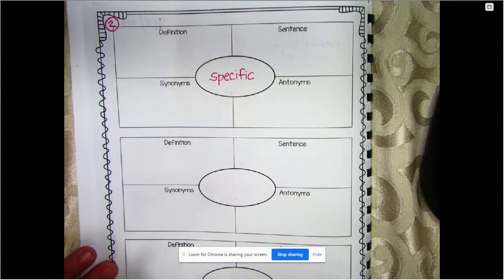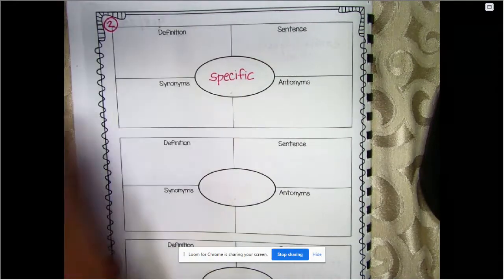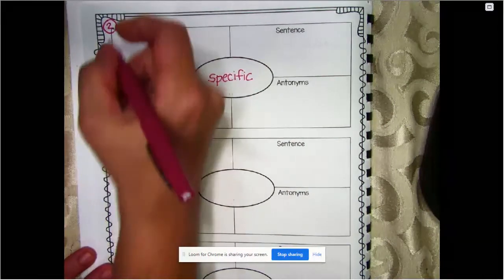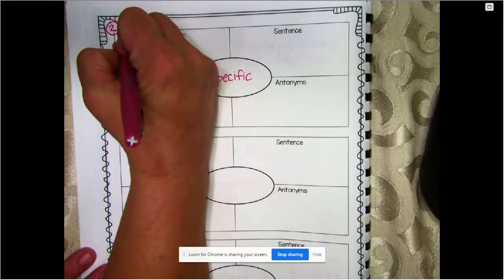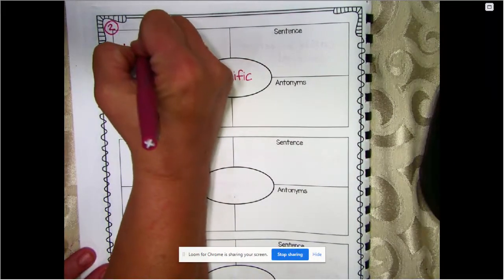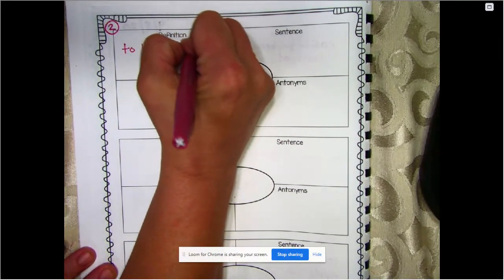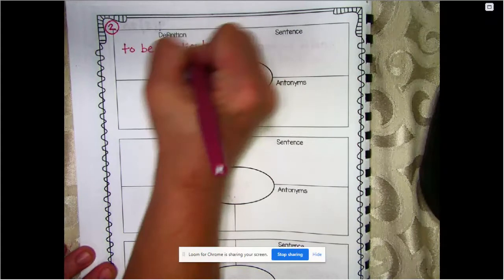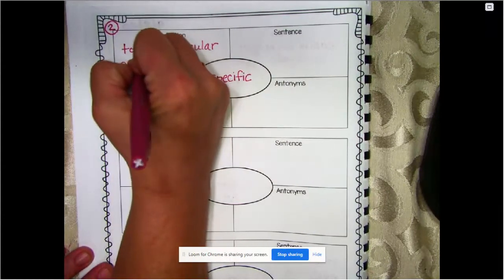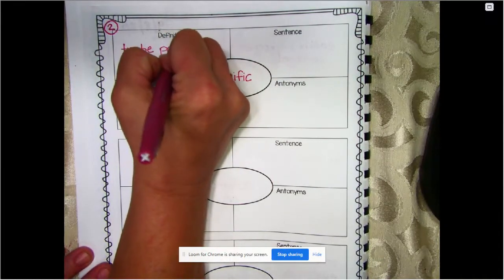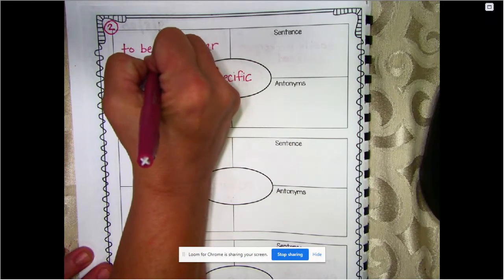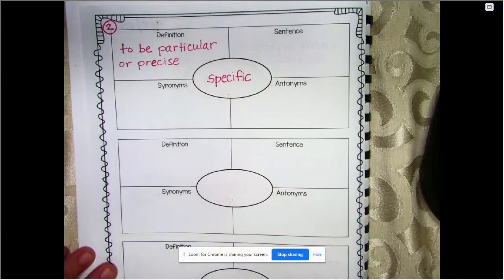It's just a certain thing. So it's not just everything, it's a very specific thing. All right, so to be particular or precise. Precise means it is exactly what it should be.